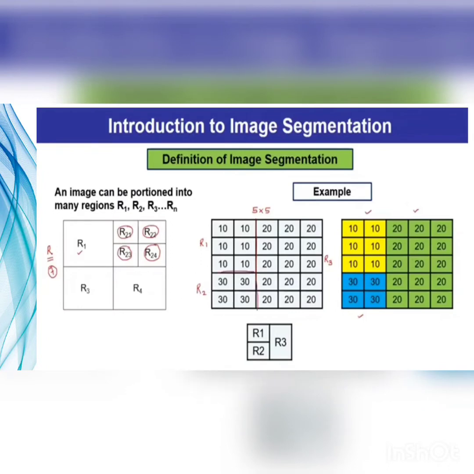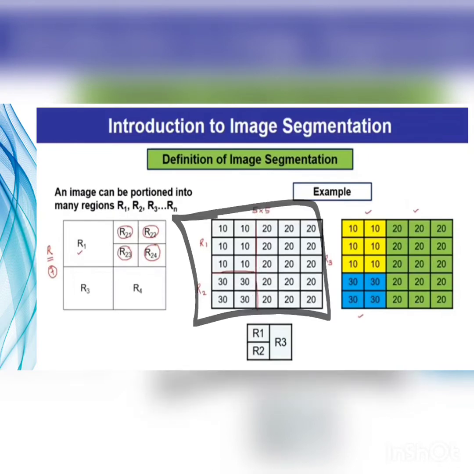Next, another region: these values are all similar, so based on that similarity or those changes, we can consider them another partition or region. So from this entire image we are partitioning the image into R1, R2 and R3 based on some similarity or some discontinuity.